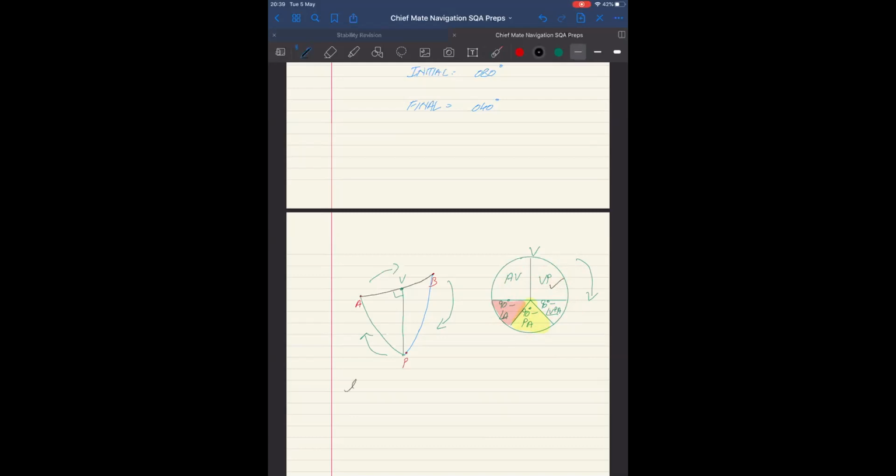I'll write it as sine of mid part, which is sine of VP, equals cos of opposite, which is cos of 90 degrees minus angle A, times cos of 90 degrees minus PA.